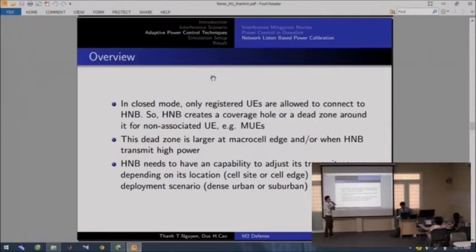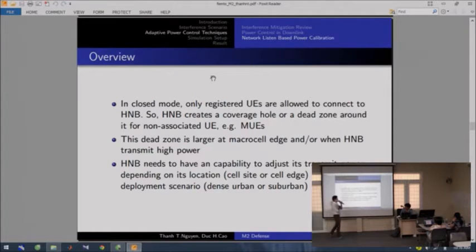In closed mode, only registered subscribers are allowed to connect to the femtocell. Each family has their own femtocell, so they do not want it to be connected by other people in the street. So in closed mode, only the subscribers in the house are allowed to connect to the HNB. So what is the problem with closed mode?